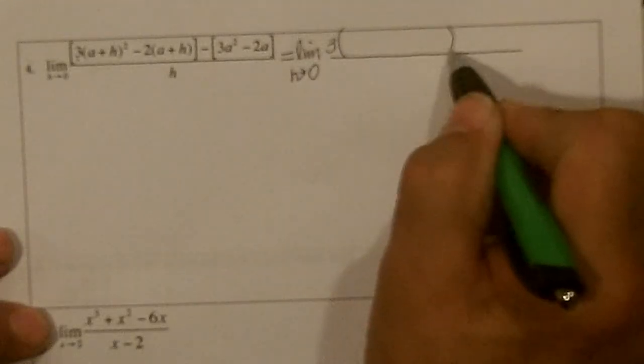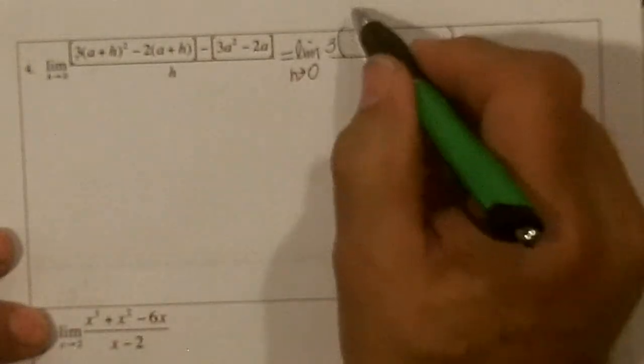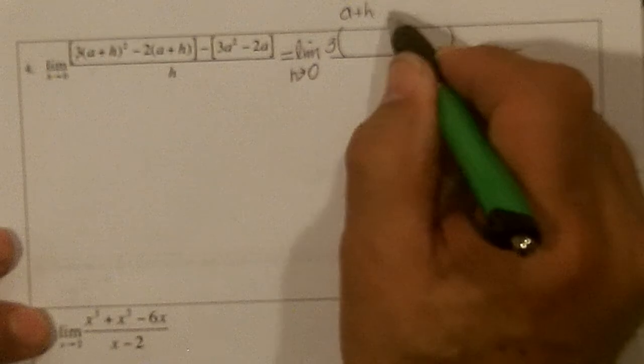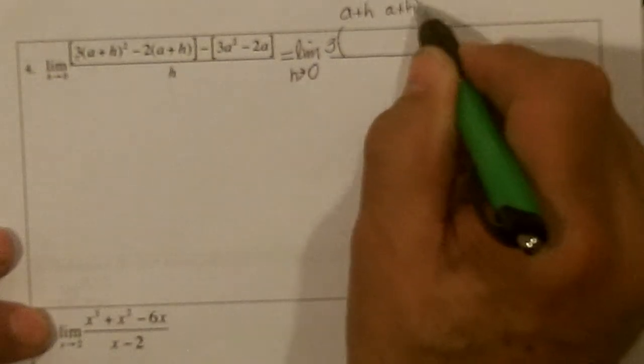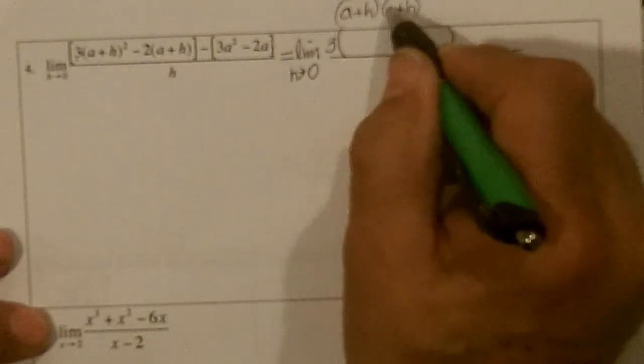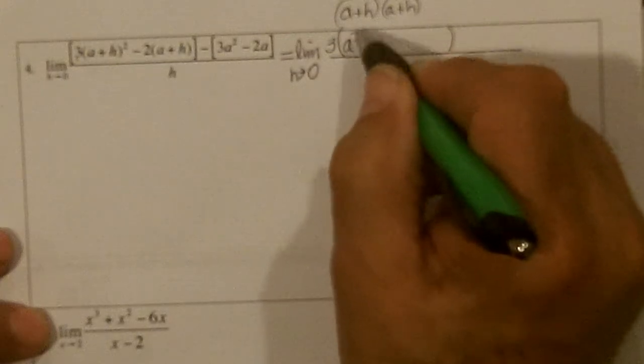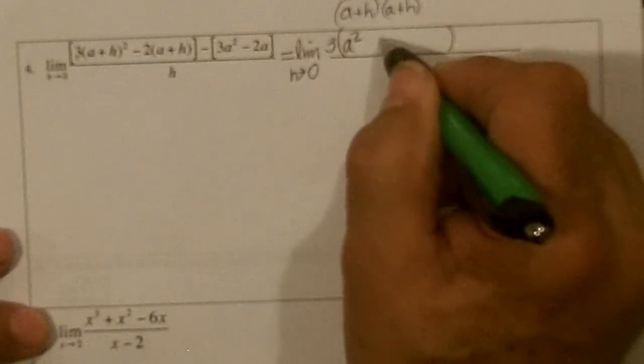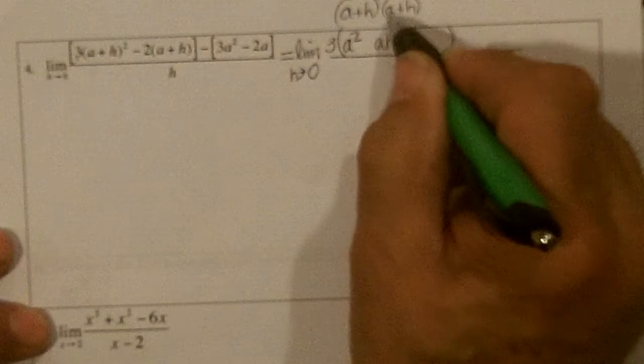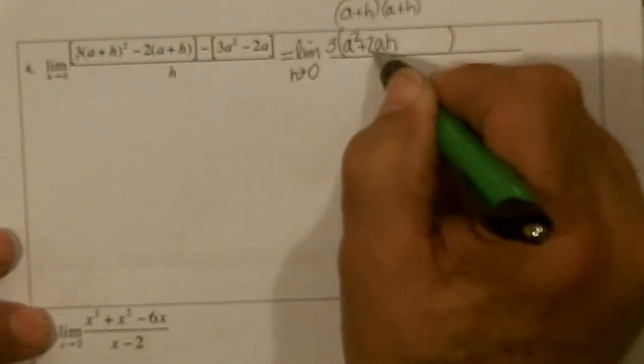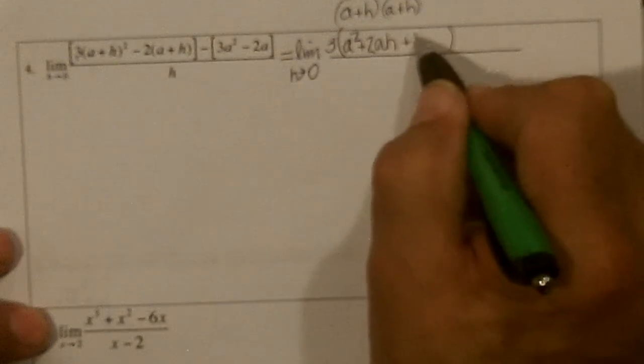And square the stuff. And a plus h times a plus h is a squared plus ah plus another ah, so that makes 2 ah's, which some of you missed, and then an h squared.